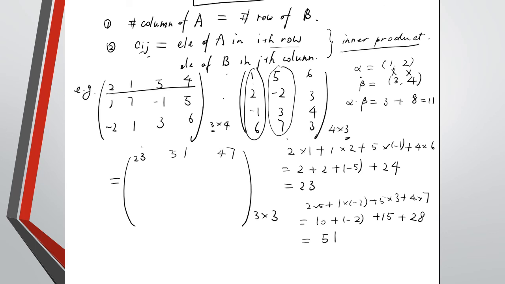Next row will be 46, 23, 38, last row will be 33, 39, and 21. Did you get the correct answer? Well, if you did, probably you have mastered the calculation method for the two matrices.